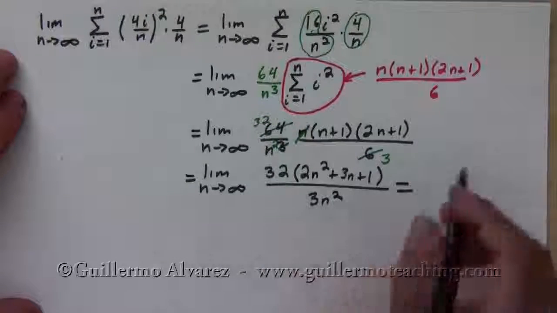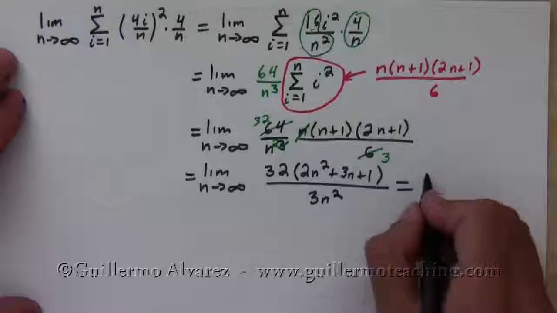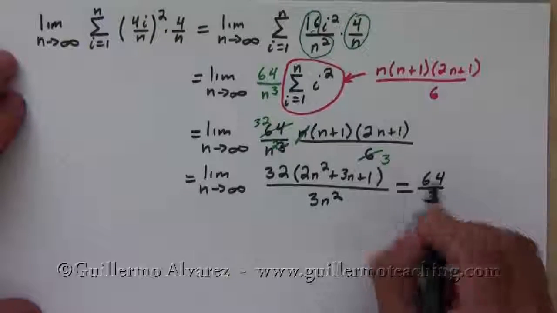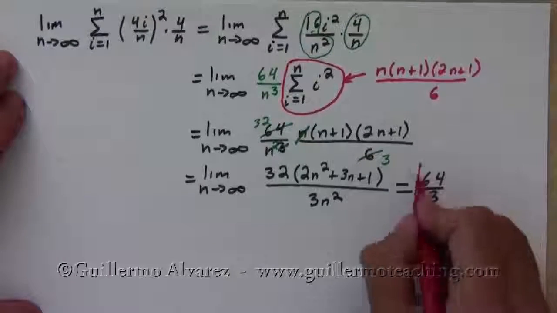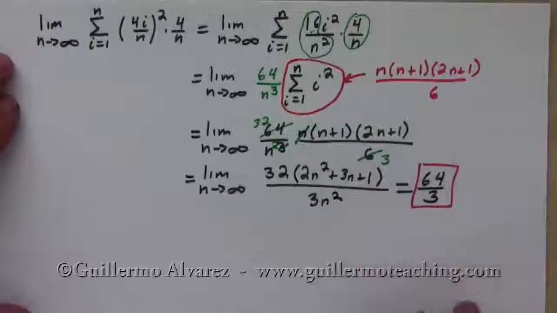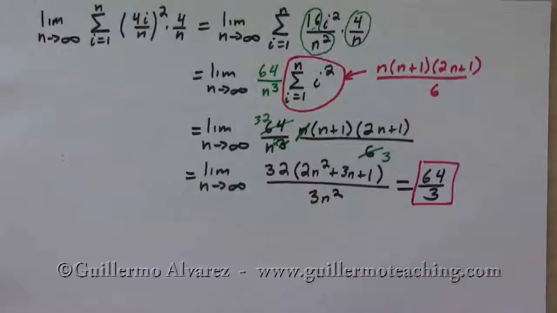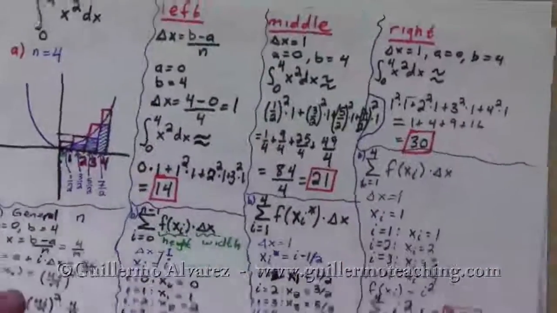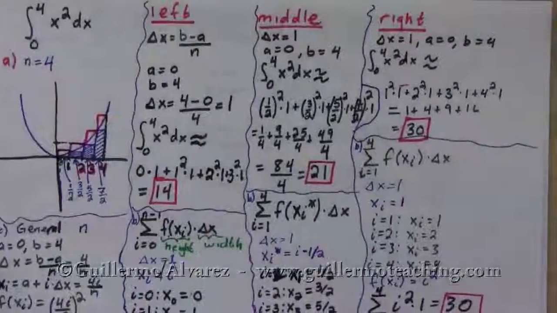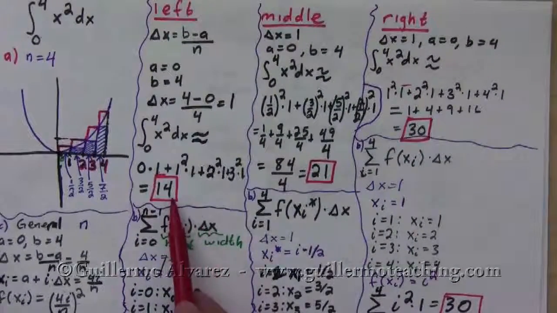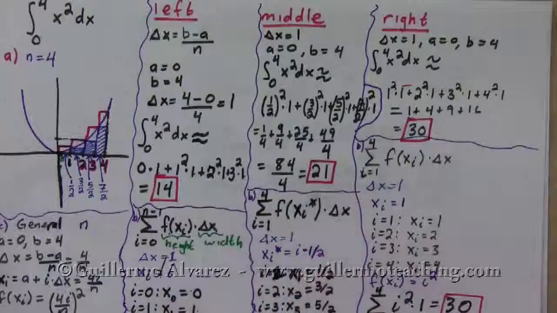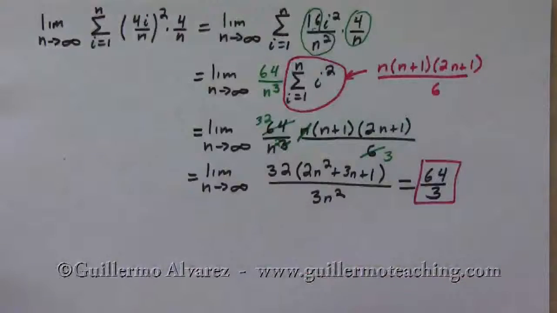And this limit is just going to be 64 thirds. And so this is the exact area underneath the curve. And notice that it's between the 14 and the 30, and it's actually pretty close to 21 in this case.